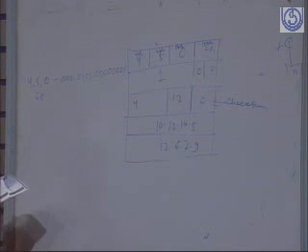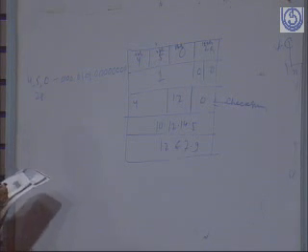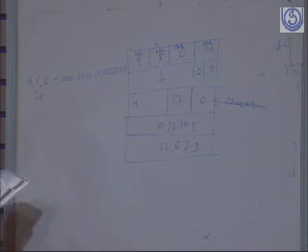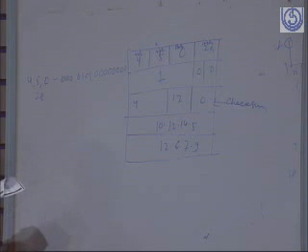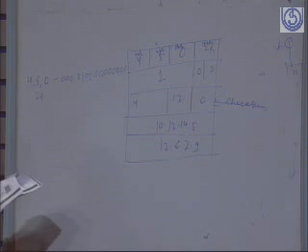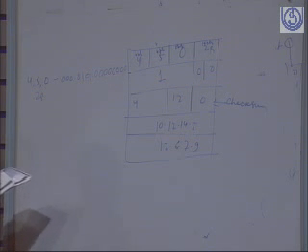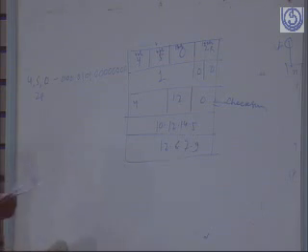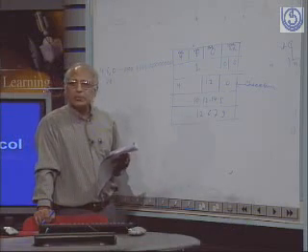And again 28, I will convert them into binary. The binary of 28 will be 16 plus 8 plus 4.